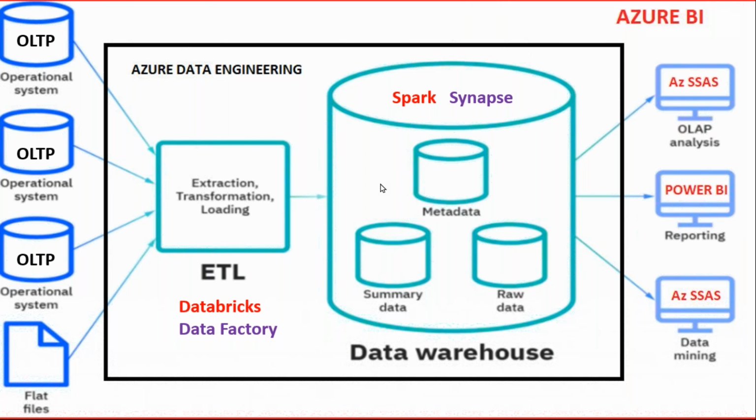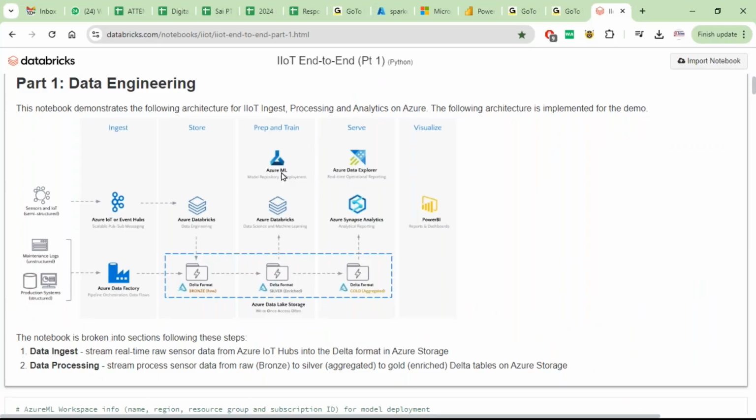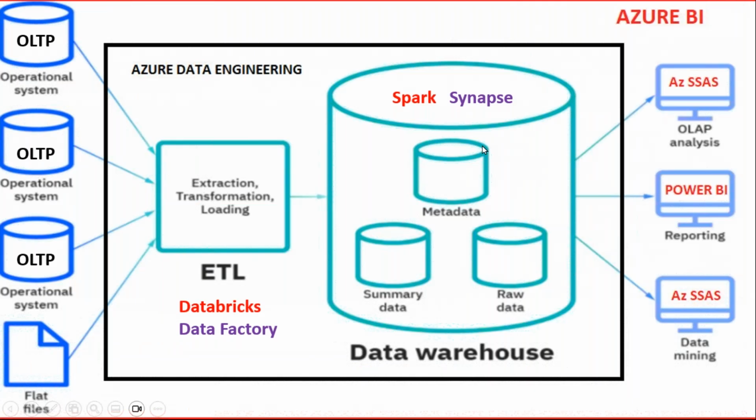So data science projects, ML, machine learning, AI projects, reporting projects, everywhere the data warehouse is the actual basement. Without you and me, without data engineers, there are no data science or data analysis requirements. We are the backbone. So we should be stronger.